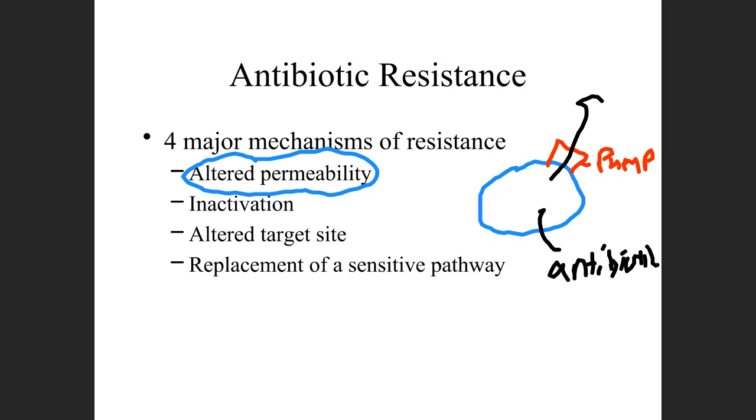All right. Another thing that bacteria can develop to become resistant is a way to inactivate or destroy the antibiotic. We've talked about an enzyme that some bacteria produce that can destroy certain types of antibiotics. Does anybody remember the name of that enzyme?